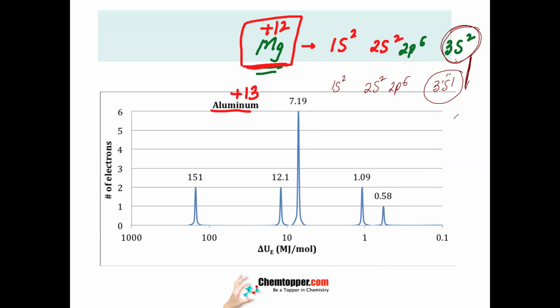Which configuration is more stable? Remember the rule I gave you? Exactly half filled and fully filled. Yes, Shreya, very good. So if it is stable, will it be on the left side or right side? Is it difficult to remove or easy to remove from stable? From stable, it will be difficult to remove.